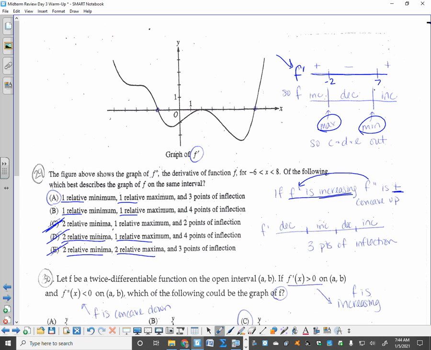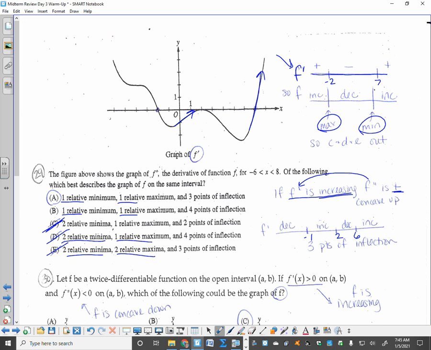So increasing here and here. So let's see, it looks like negative 1 to 2, 1, 2, 3, 4, 5, 6, I don't know, to maybe 6.